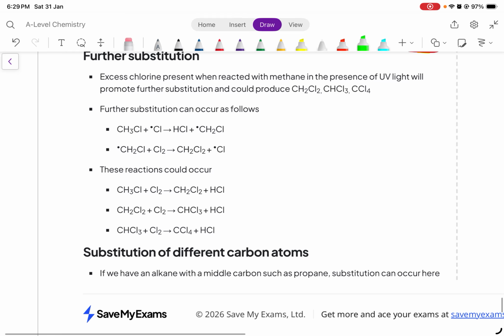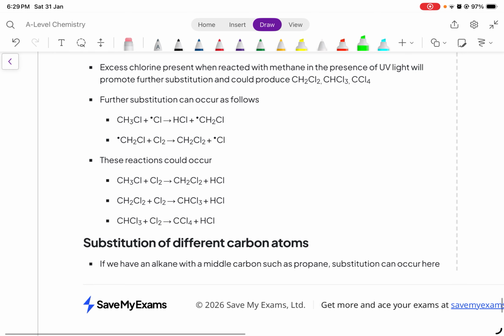So in this case, further substitution could be like CH2Cl2, etc. I just keep doing it.